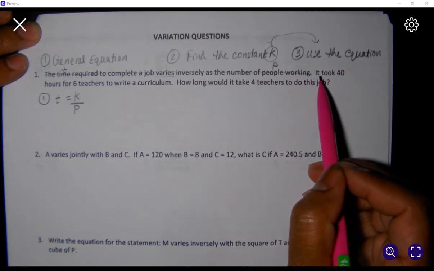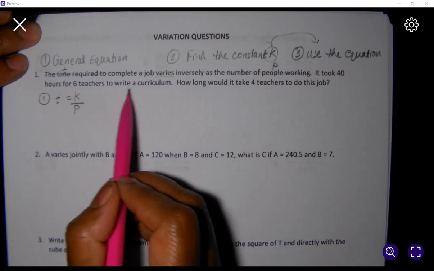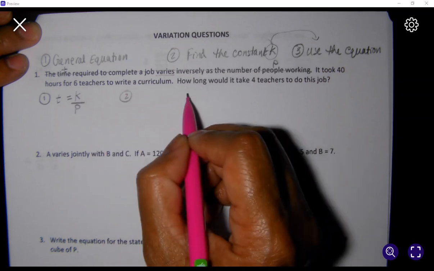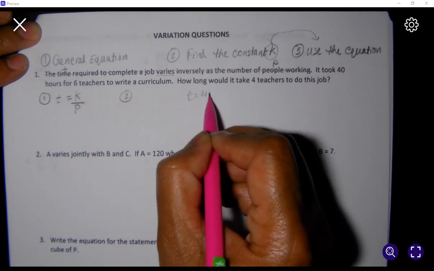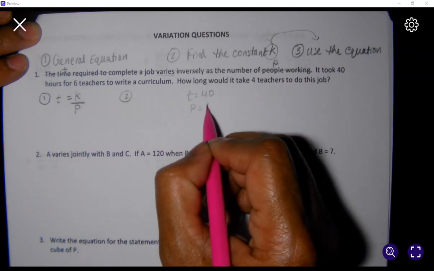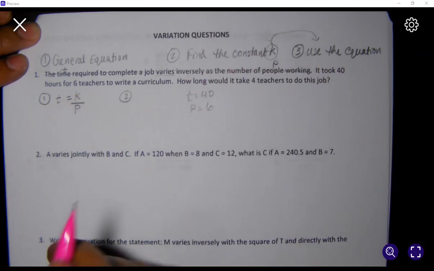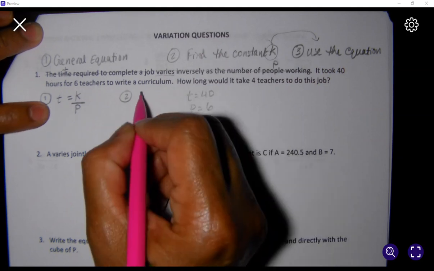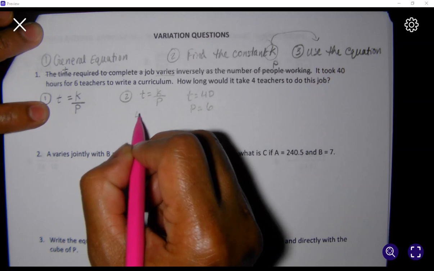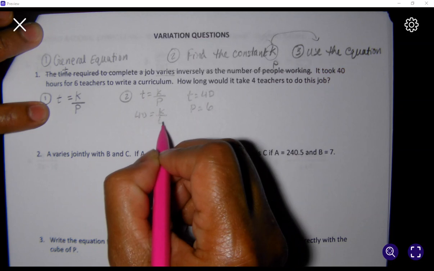The next part says it took 40 hours for 6 teachers to write a curriculum. So my second step is to find K. It tells us the time is equal to 40. It took 40 hours. And how many people? It took 6 teachers. So I'm going to plug these numbers in, and that helps us find K. You have T equals K over P. So 40 for T, K over P equals 6.